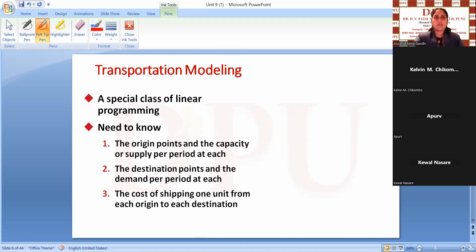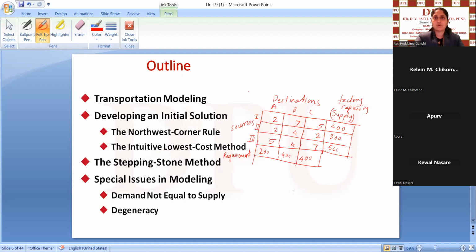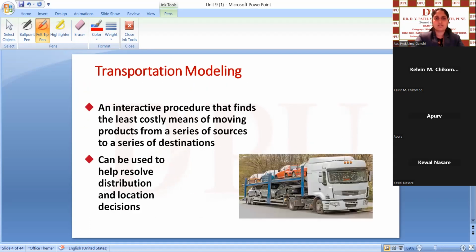So this is a special case of linear programming. With multiple variables and multiple equations, you need to know the origin points and the capacity of the supply per period at each point. You need to know this before starting. You need to know your sources, then supply, the destinations, the requirement, and the cost of the transportation.